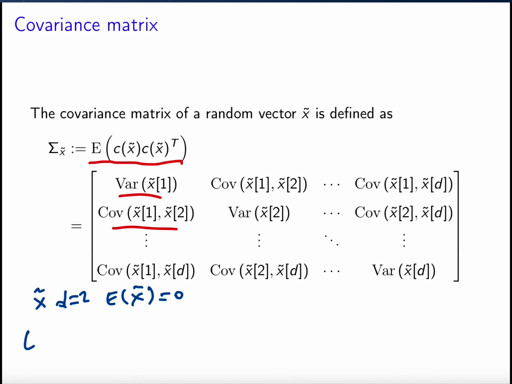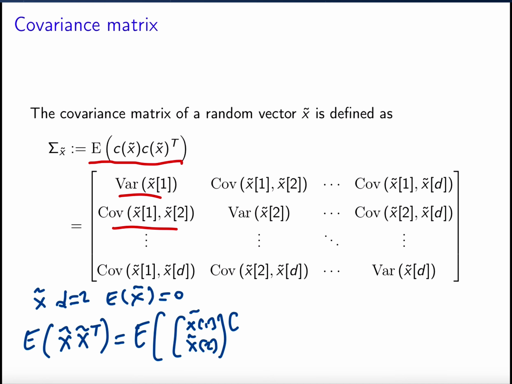Then if we compute the expected value of X times X transpose, which is equal to the outer product of the centered values because we're assuming that the mean is 0, then what we have is the expected value of the vector (x1, x2) multiplied by its transpose (x1, x2), which is equal to the expected value of a matrix that contains x1 squared, then x1 x2, and so on.